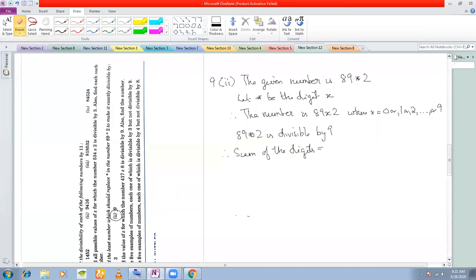This time I'll just write an x here because I've already taken it as x. Sum of the digits here is 8 plus 9 plus x plus 2. 8 plus 9 is 17, plus 2 is 19, and 19 plus x. So this is the sum of the digits. Since this number is divisible by 9, therefore 19 plus x must also be divisible by 9.